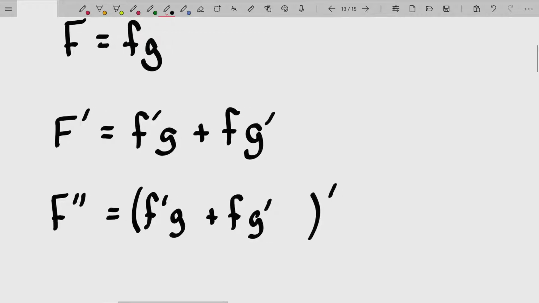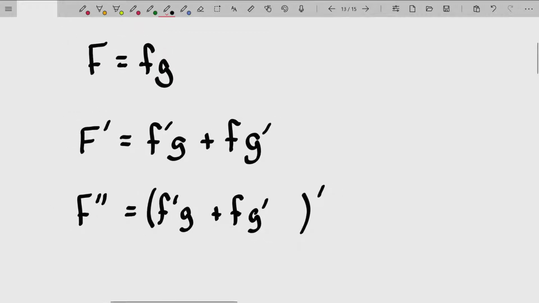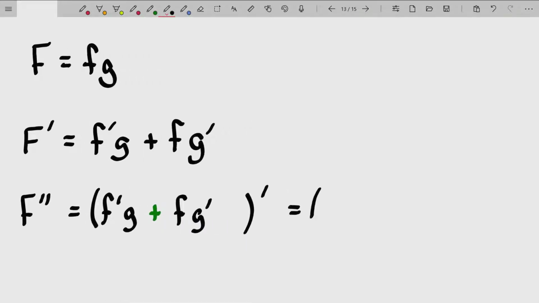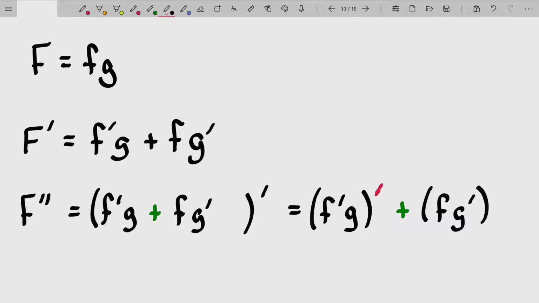That is, the derivative of f prime g plus f g prime can be broken into the derivative of f prime g plus the derivative of f g prime. Okay.